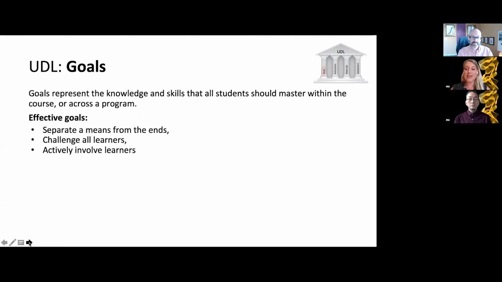Goals represent the knowledge and skills that all students should master within the course and across the program. Effective goals have 3 characteristics. They separate a means from the end. They challenge all learners so they maintain a high standard and are rigorous. And finally, they actively involve all learners.